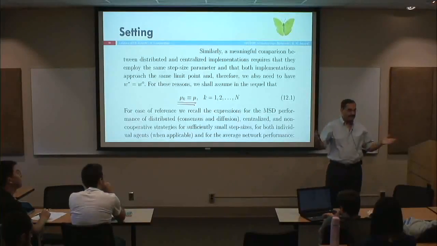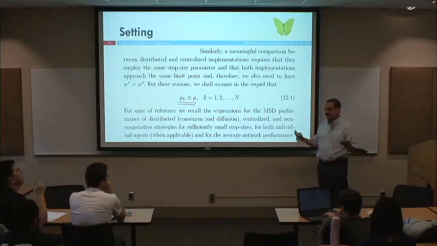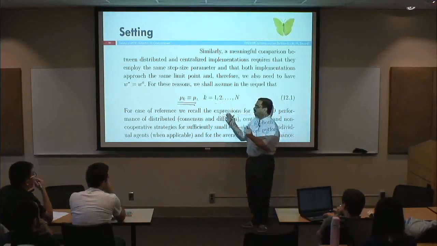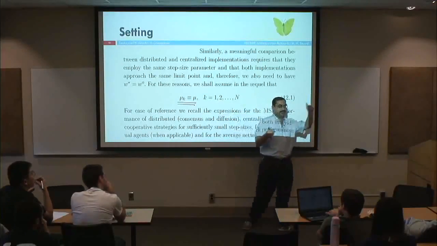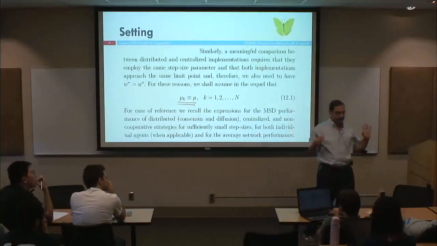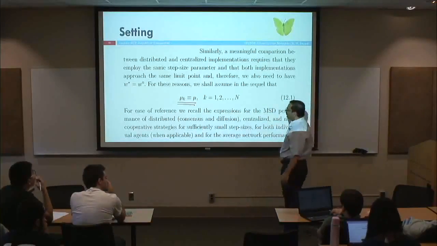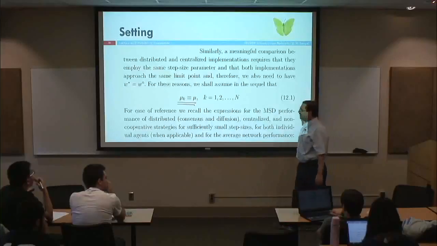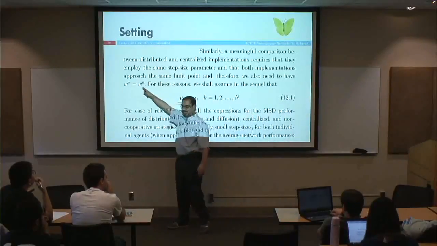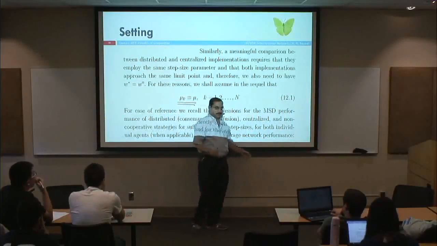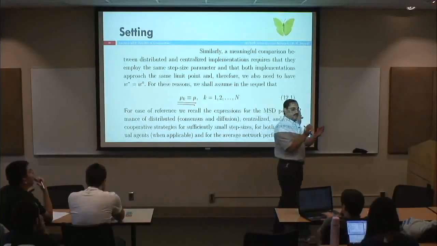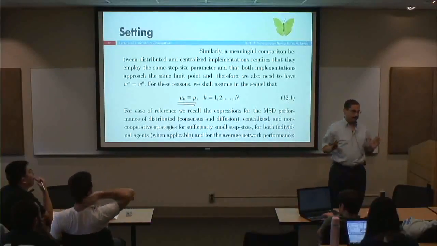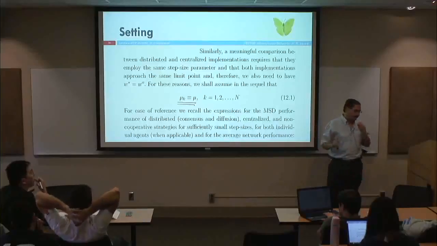So to normalize, for these comparisons to be meaningful, I don't want the performance to vary just because a node is using a different mu than another node. So let's assume all the nodes are using the same step size, and let's assume also all the nodes are interested in the same solution, so that you compare how well all of them are doing in meeting the same objective.